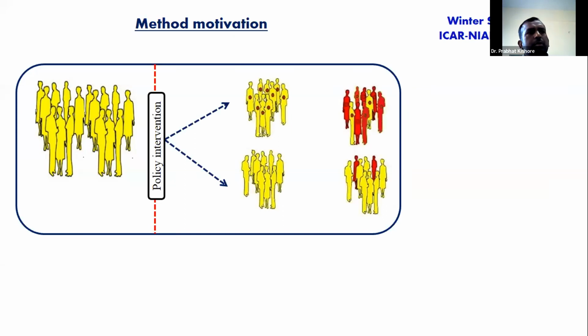We categorize them into two groups: one group has got the treatment or intervention, and the other has not got the treatment, which we consider as the control. And with time, we can compute the changes just after this intervention, or check it after some time.